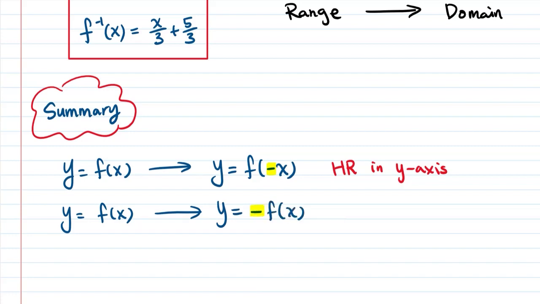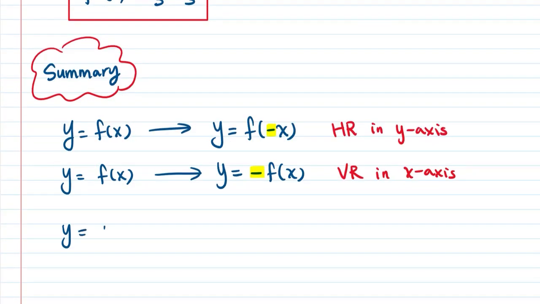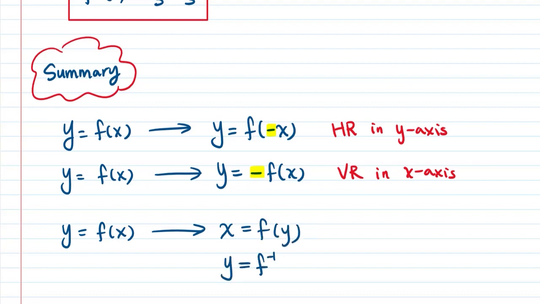There is a negative in front of the f of x, and that is for vertical reflection in the x-axis. The last one, y is f of x becomes x is equal to f of y, or in other words, y is inverse f of x, and that is for inverse reflection in the line y is equal to x.